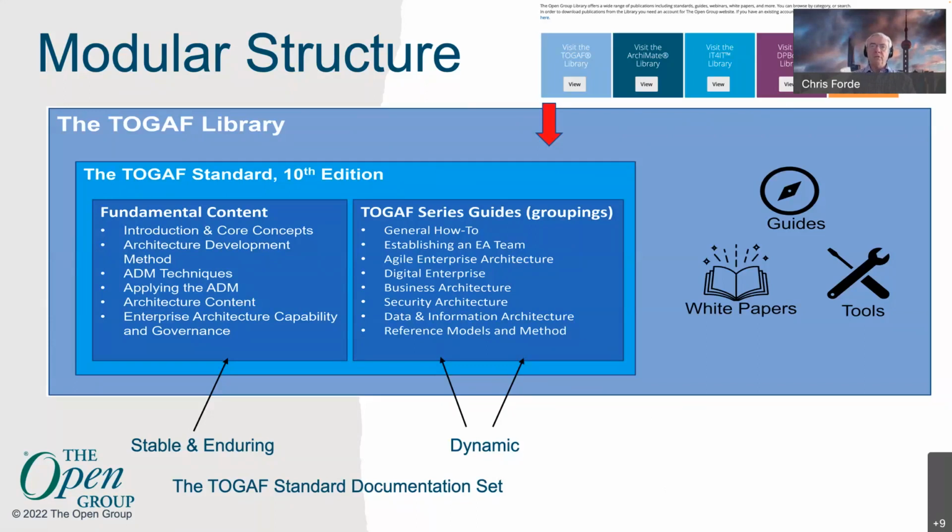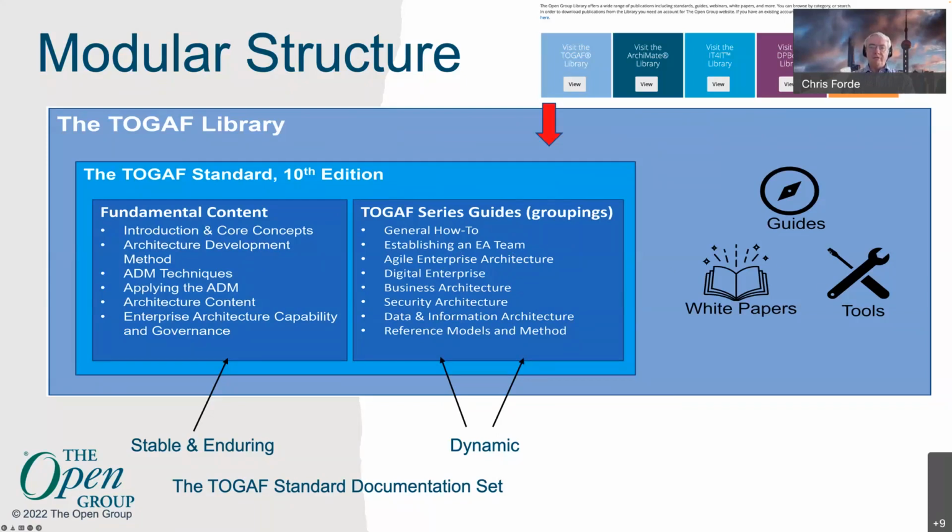Our focus is on the TOGAF library in this slide, and within the TOGAF Standard 10th edition, there are two major chunks of the edition. That's the fundamental content over here, and the series guide summary groupings over here. Now, the fundamental content should be relatively stable and enduring, and the series guides will be more dynamic or fluid in terms of changes to the published ones and in the addition of guides, series guides moving forward.